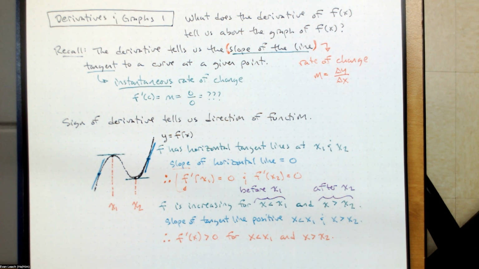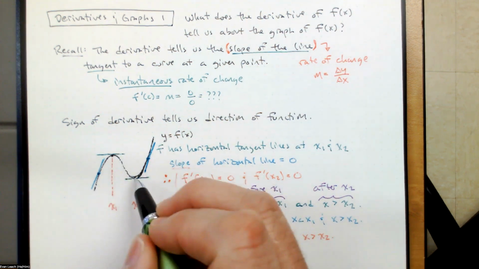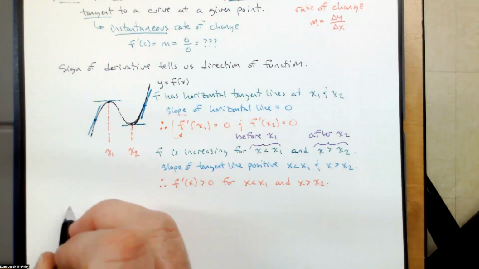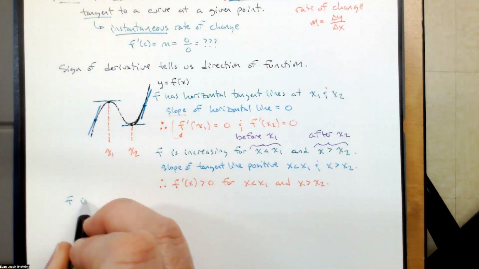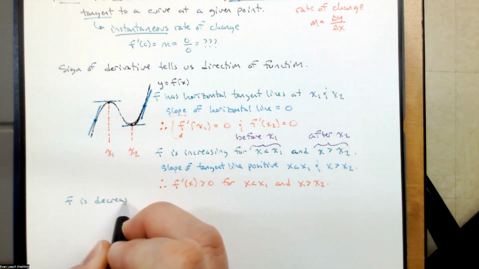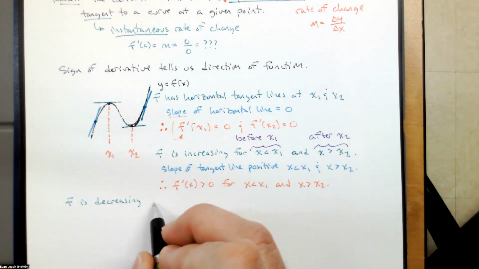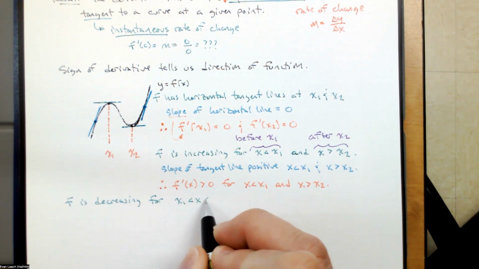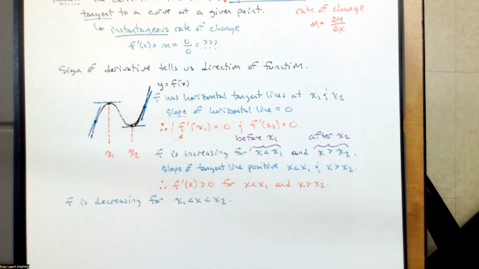In between x1 and x2, I'm going to say the opposite. So multiply by -1. So between x1 and x2, we would say that f is decreasing. The function is decreasing for x between x1 and x2: x1 less than x less than x2.